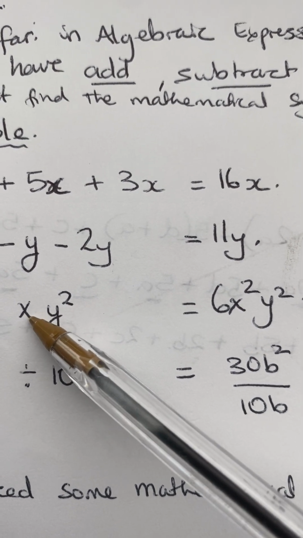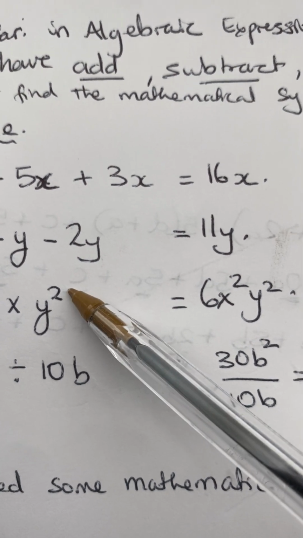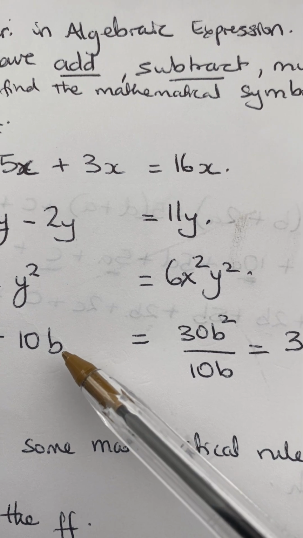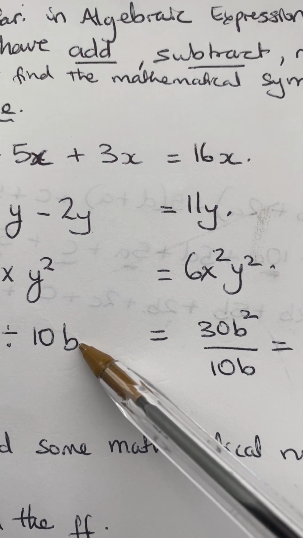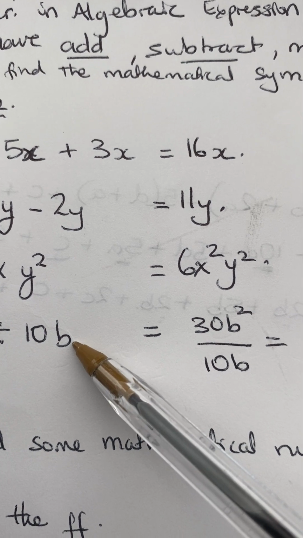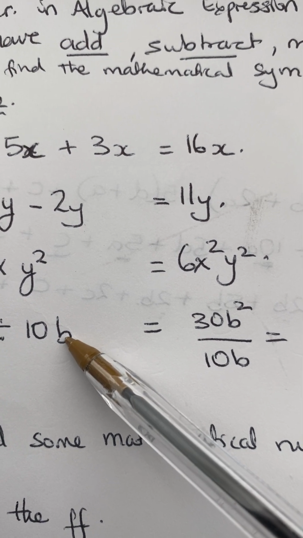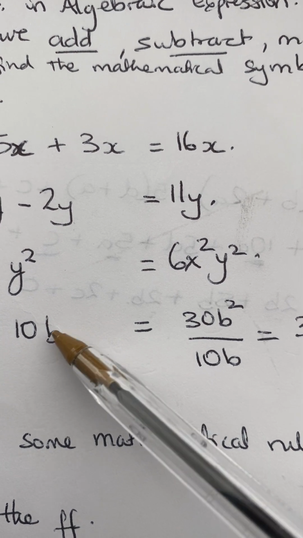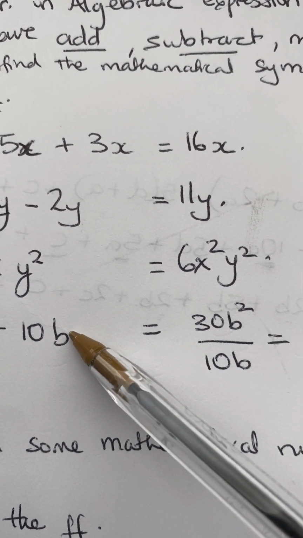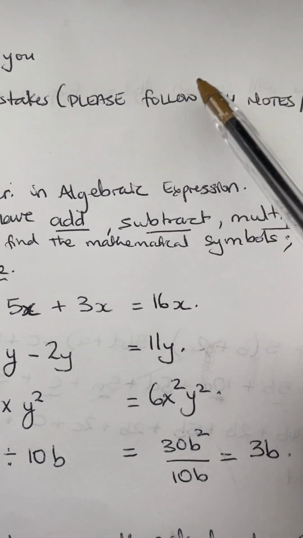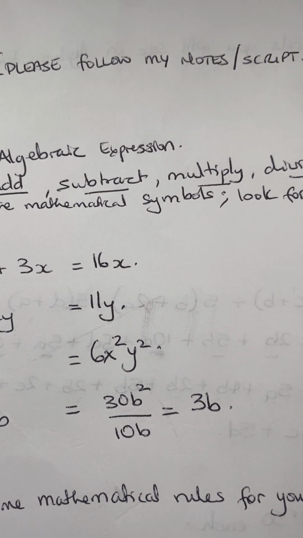So this is times y to the power 2, or y squared. For instance, this is 10b, and if I say 10 b, or I ignore the 10 and I say 6, it is 10b, okay? So please follow my note / scripts, okay?